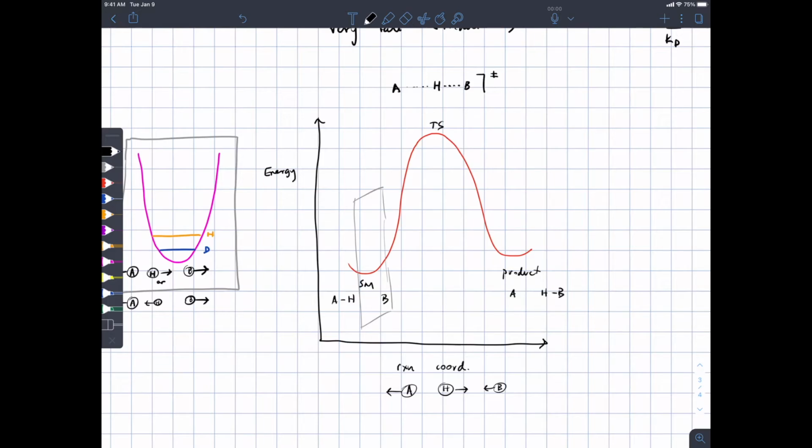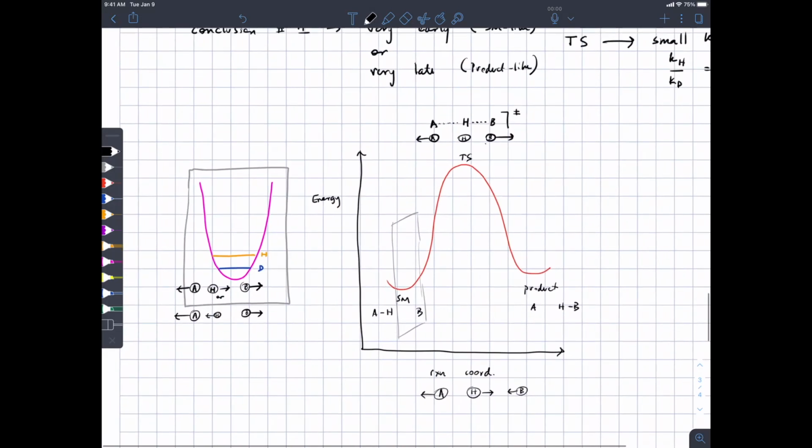If that were the case, if the bond distances are similar and if the distances between nuclei are similar and bond lengths, well, are similar, bond strengths are similar, you would then expect the stretch to be mostly about B and A moving, whereas hydrogen is going to be in the middle doing nothing. Does that make sense?